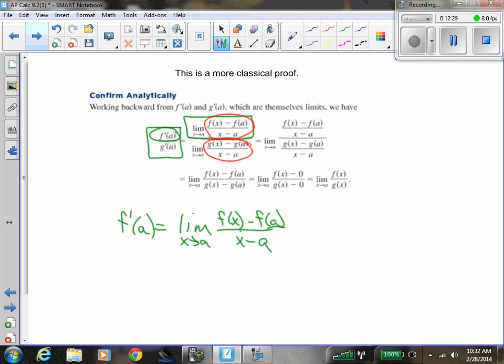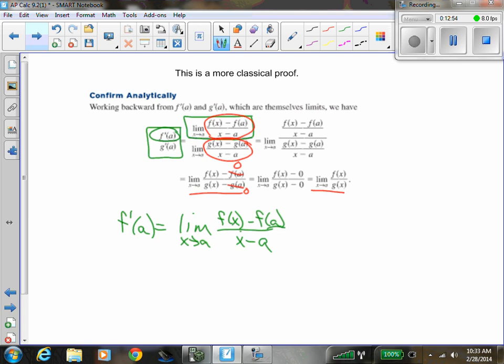Now, if I flip this one and multiply, the x minus a's are going to cancel, and so it becomes this. Now, f of a and g of a were both 0. So this is a 0, this is a 0. So that's how they get that step, and so that becomes the limit as x approaches A of f of x over g of x.